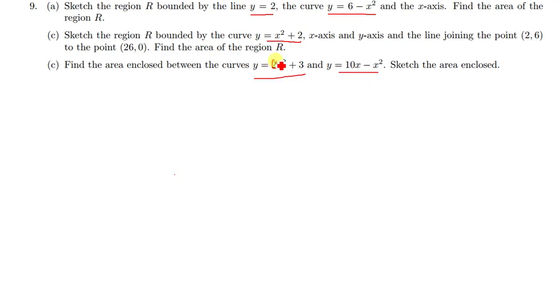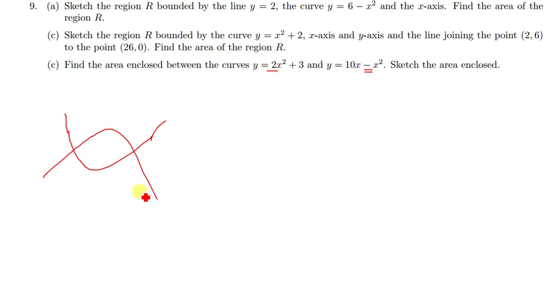Here our coefficient of x squared is greater than 0, meaning it has a minimum value, and for this other one it's less than 0, meaning it has a maximum value. So this is how the curves are going to look. This one is going to be our y2, and this is going to be y1.